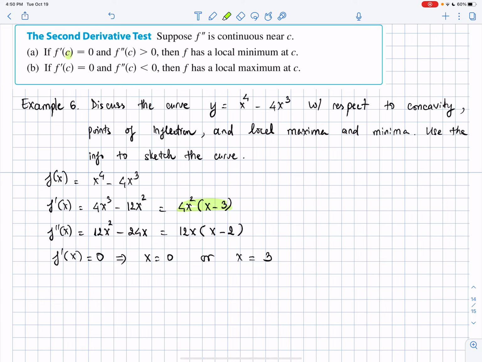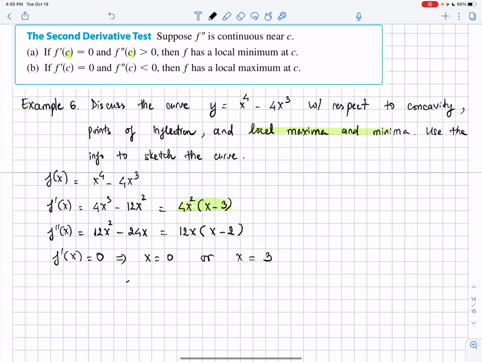Then I will plug in the c into the f double prime to find out if f has a local minimum or local maximum at that point. That's what they asked me to do in the question, right?